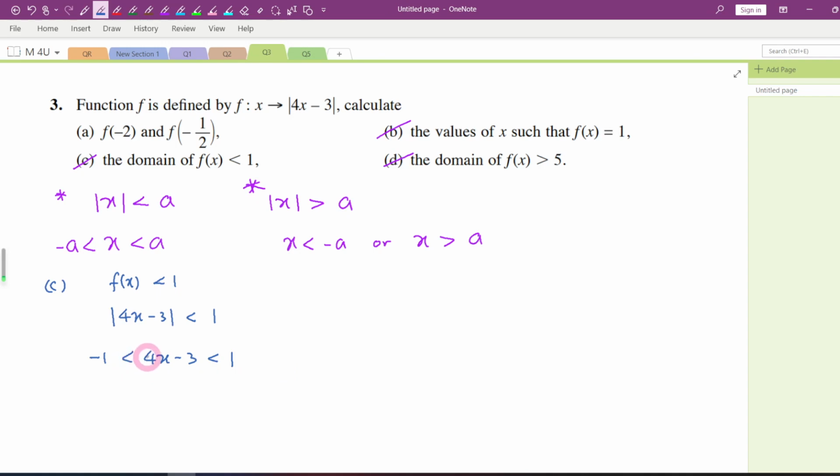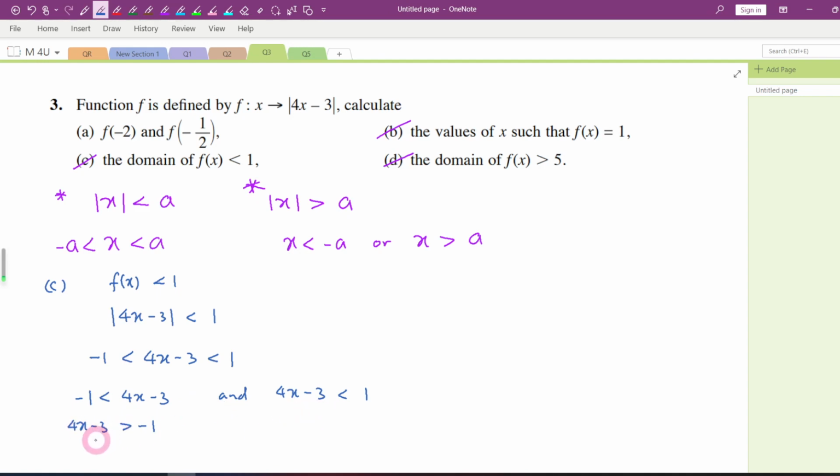Then it will just go back to your form 1, right? So remember you learned this in form 1, linear inequality. So I'm going to break this into two parts. Negative 1 is less than 4x minus 3, and 4x minus 3 is less than 1. So this one I can change to 4x minus 3 is greater than negative 1.